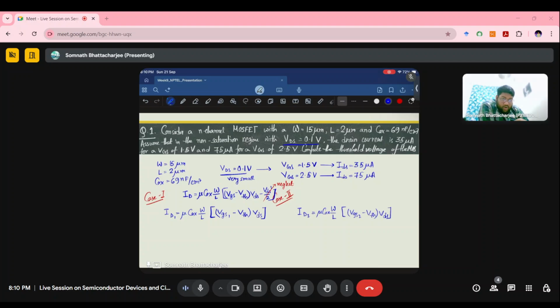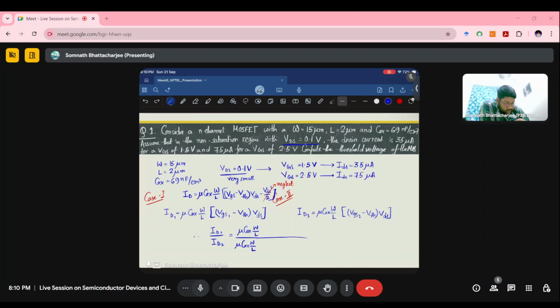Now, the best option is to divide both the parts. So ID1 by ID2 equals mobility Cox W by L divided by mobility Cox W by L, so we can cancel that total term out.